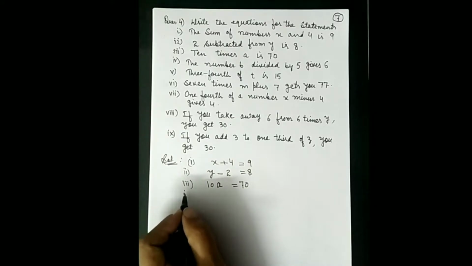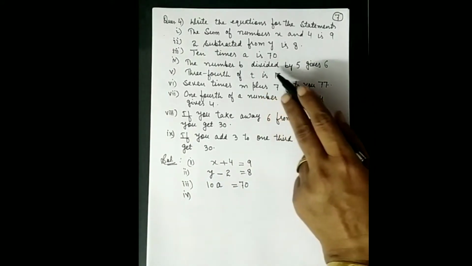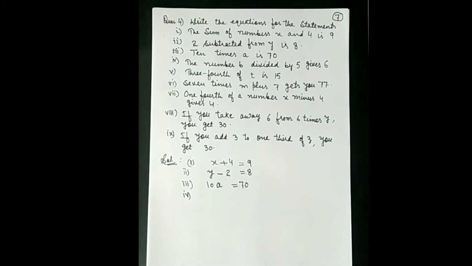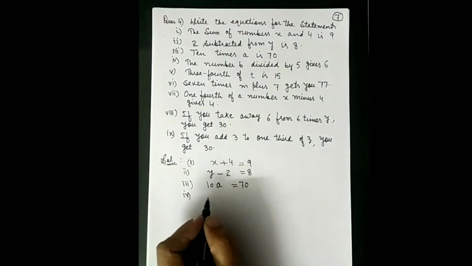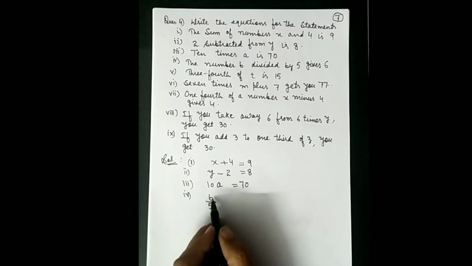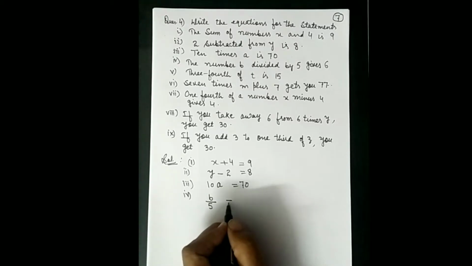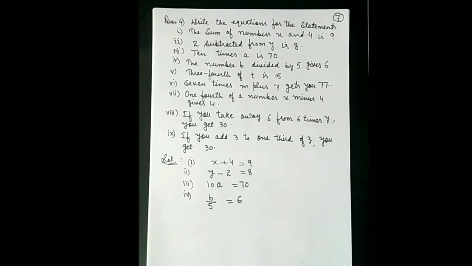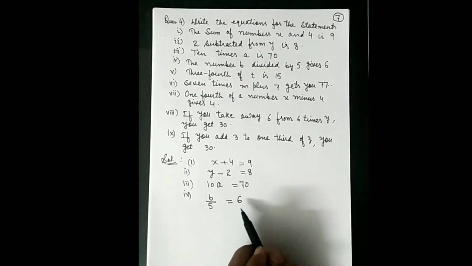Now the fourth part: the number b divided by 5 gives 6. So b upon 5 gives 6. Is it clear, students? b upon 5 is equal to 6.